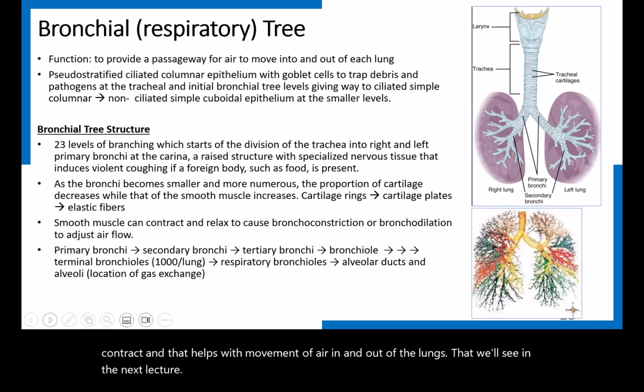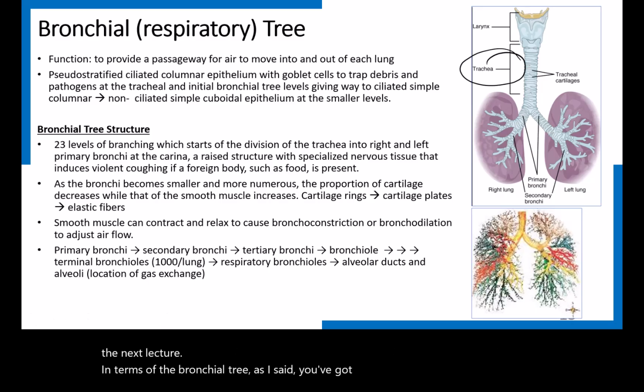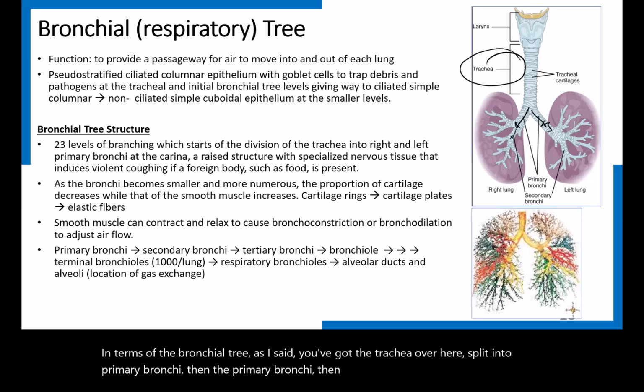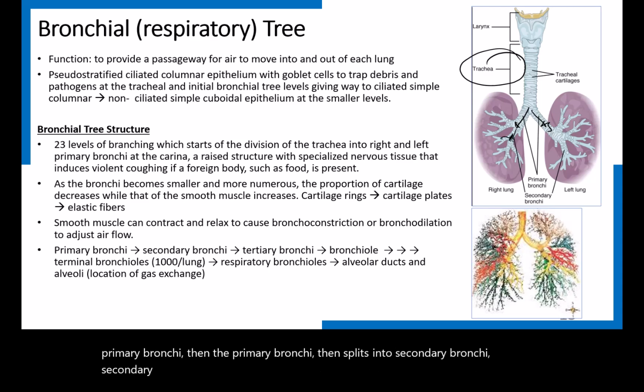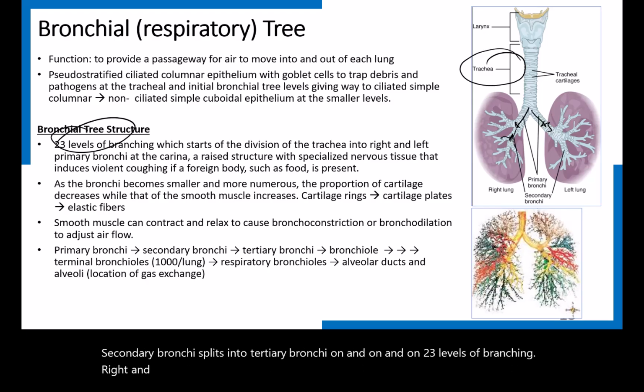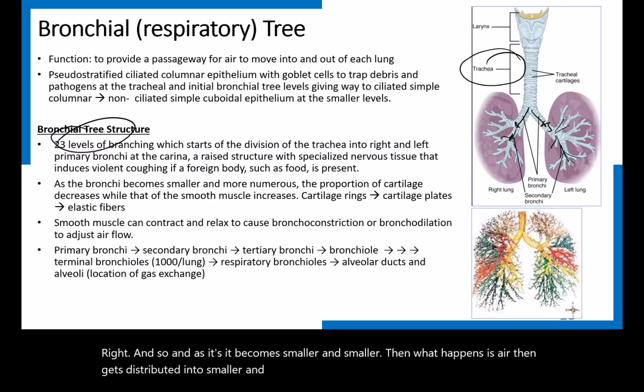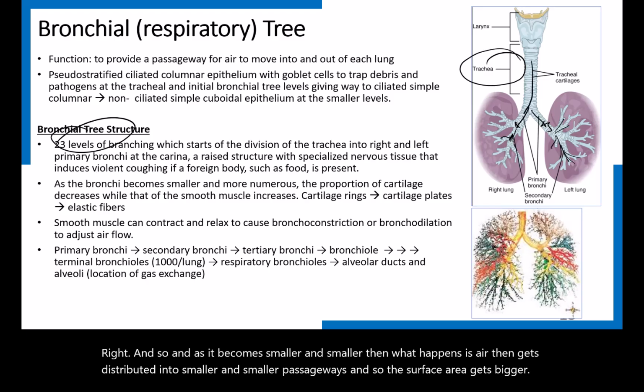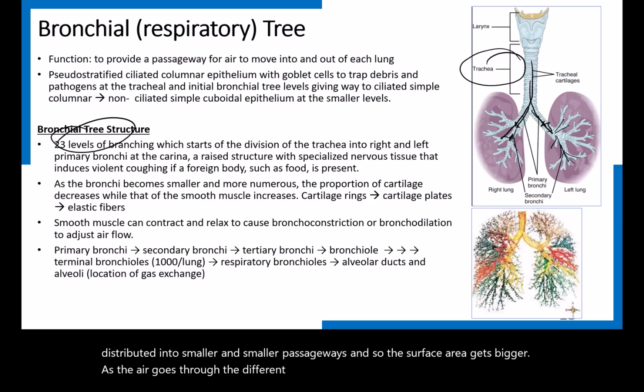In terms of the bronchial tree, as I said, you've got the trachea over here, which splits into primary bronchi, then the primary bronchi split into secondary bronchi, which split into tertiary bronchi, on and on, 23 levels of branching, right? As it becomes smaller and smaller, air gets distributed into smaller and smaller passageways, and so the surface area gets bigger. As the air goes through the different levels of the bronchi, as the bronchi get smaller, a couple of things happen.